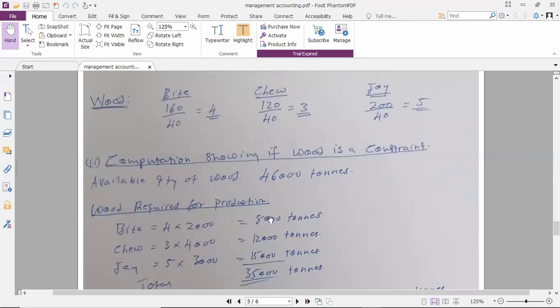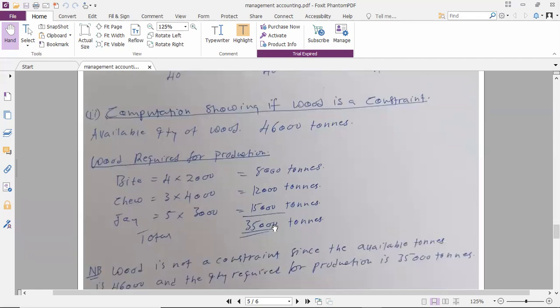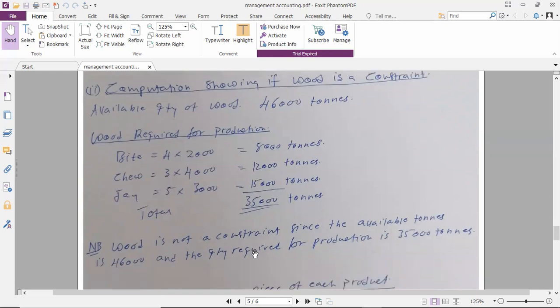So if I add all the tons I need for the month, I arrive at 35,000, meaning that the total quantity of wood I need to produce this total output of products for the month is 35,000, and I have 46,000, so I have more than enough. And so therefore, wood is not a constraint. Since the available tons is 46,000 and the quantity required for production is 35,000 tons, wood in this case is not a constraint.